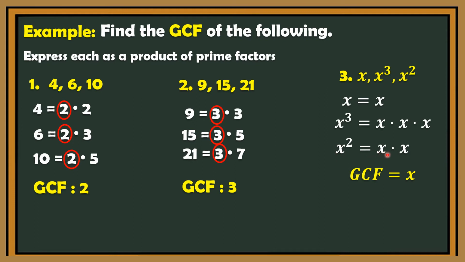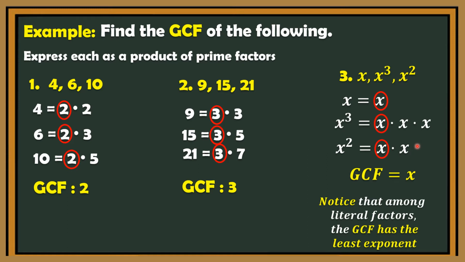So x times x. And then look at the common factor. And the common factor is x. Therefore, the greatest common factor of x, x cubed, x squared is x. You have noticed that among the literal factors, the greatest common factor has the least exponent.